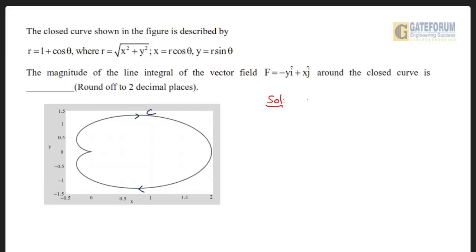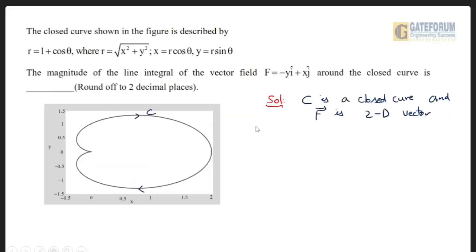C is a closed curve and f bar is 2D. Two D means a two-dimensional vector, two coordinates only there. So I can apply Green's theorem, though they asked for the line integral.